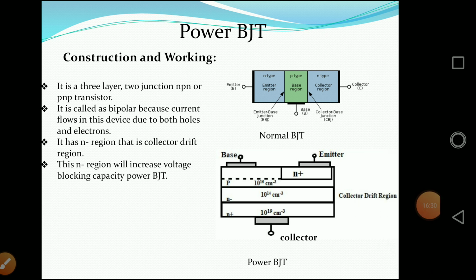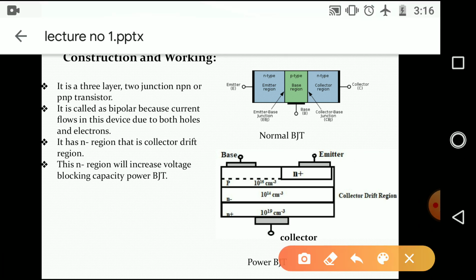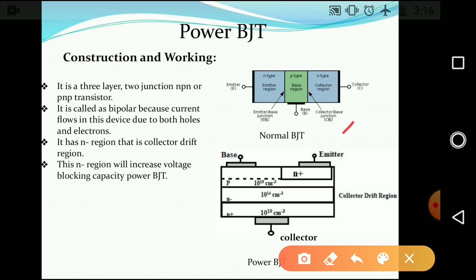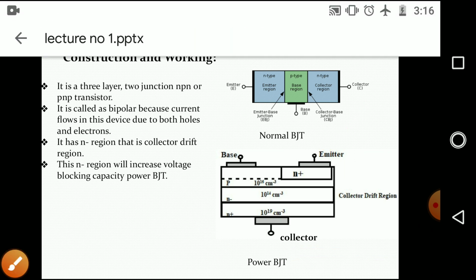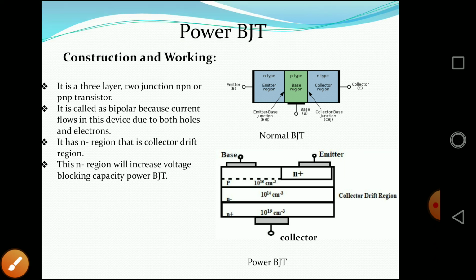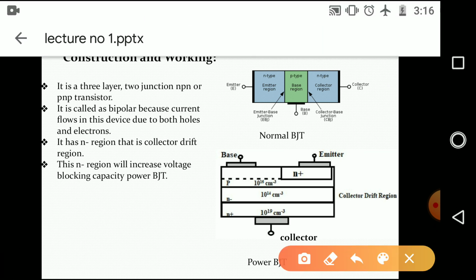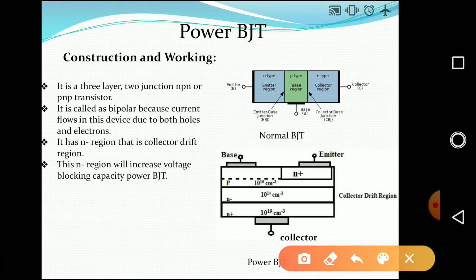Next is the construction and working of the power BJT. Here we can observe the normal BJT and the power BJT, and the constructional difference between them. The normal BJT has three layers: N layer, P layer and N layer.